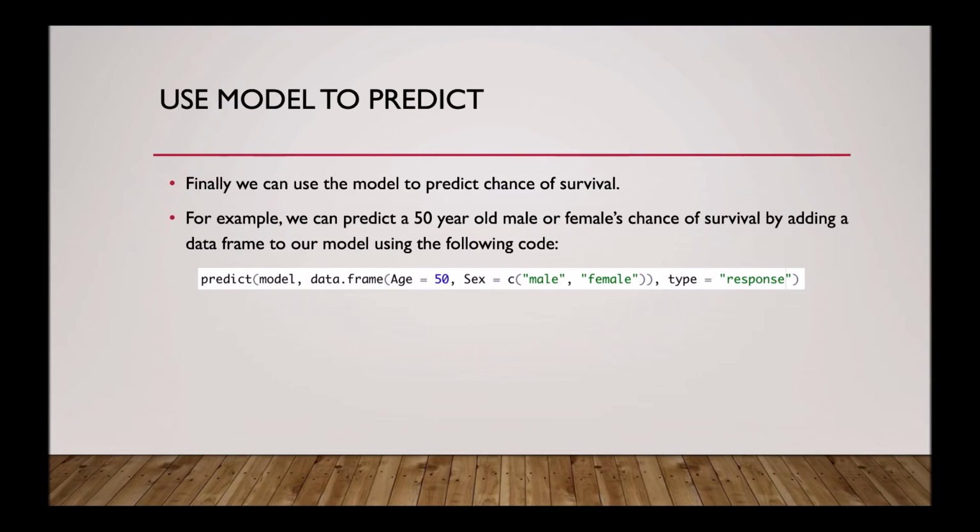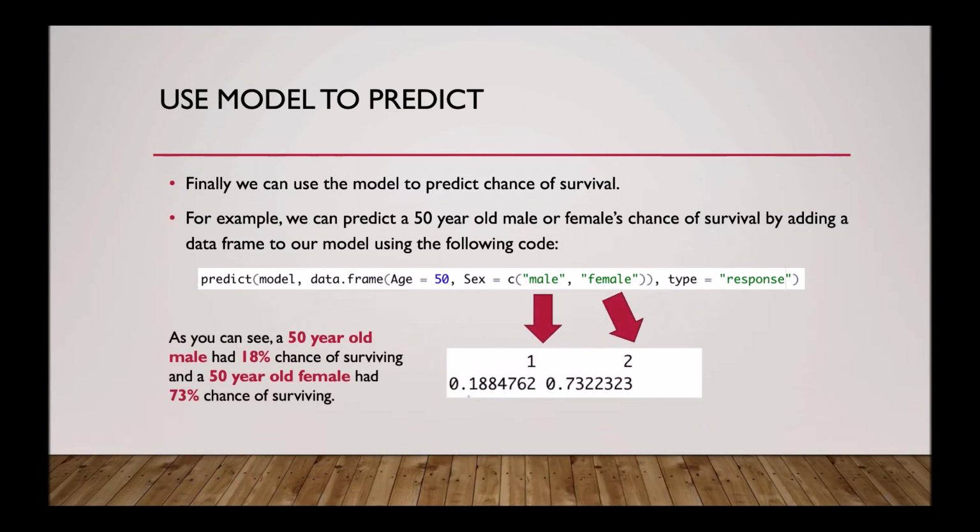Lastly, we can use the model to predict the chance of survival by certain characteristics. For example, we can predict the chance of survival of a 50-year-old male or 50-year-old female by adding a data frame including these characteristics to our model using the following code. And here are our results.